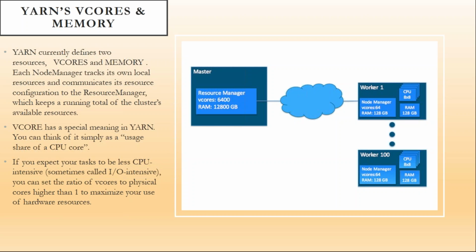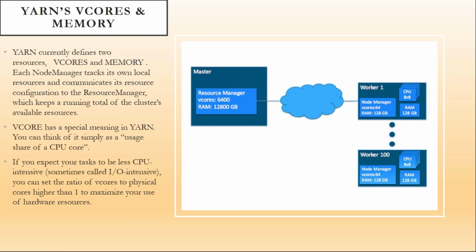I repeat that, a very important statement. Each node manager tracks its own local resources and communicates its resource configurations to the resource manager, which keeps a running total of cluster available resources.